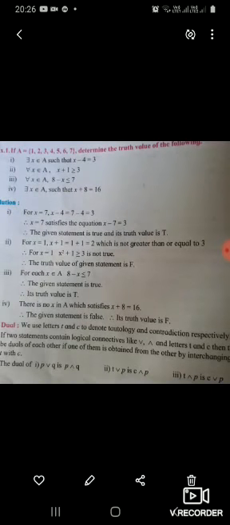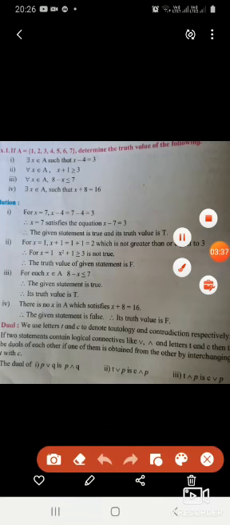Here one set is given. Set A is {1, 2, 3, 4, 5, 6, 7}. It is our universal set. First one we are taking: there exists x belongs to A such that x minus 4 is equal to 3. We have to see whether this statement is true or not. If the statement is true, at least one value in set A should satisfy it, because there exists is given.